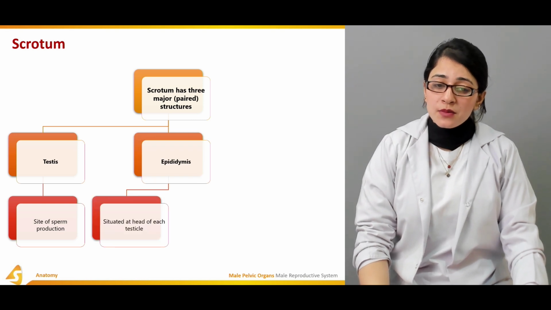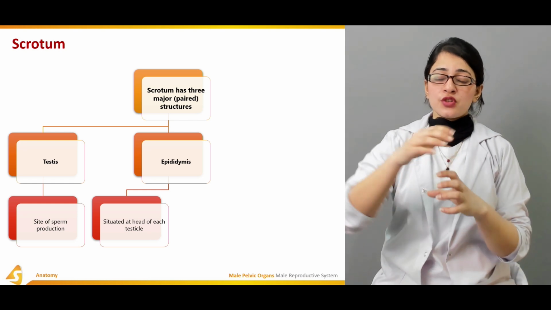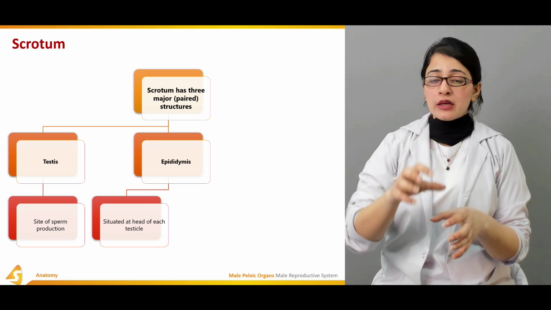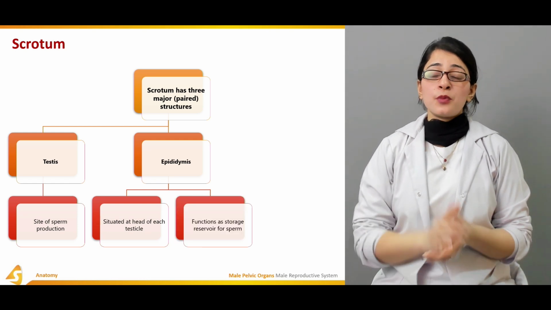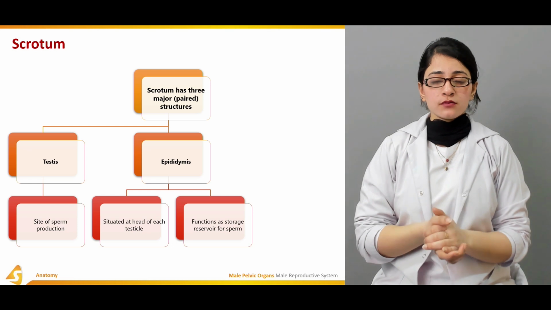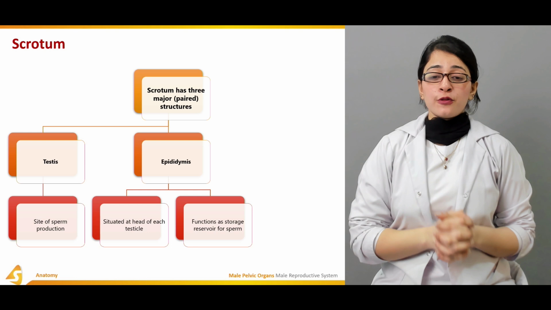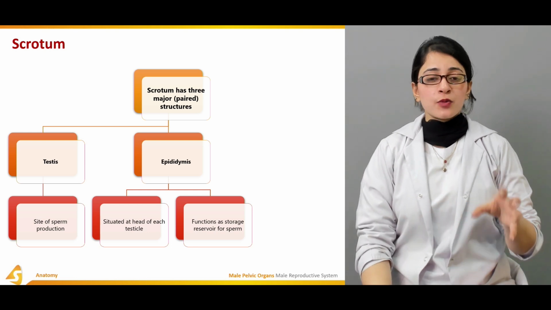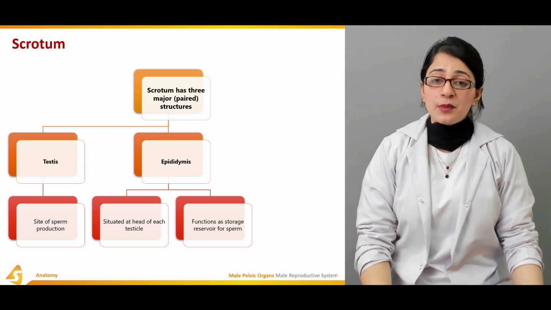Then comes the epididymis. It is situated at the head of each testicle. On the superficial surface, you can see the epididymis located on the head of the testes, and its function is as a storage reservoir for the sperm. The sperms produced by the testes are stored here in the epididymis.